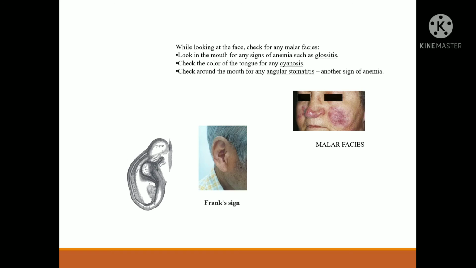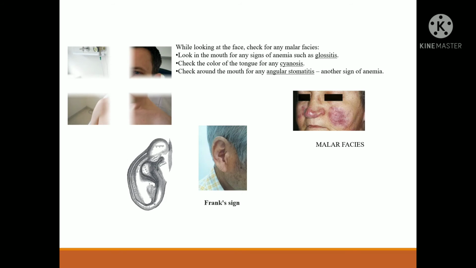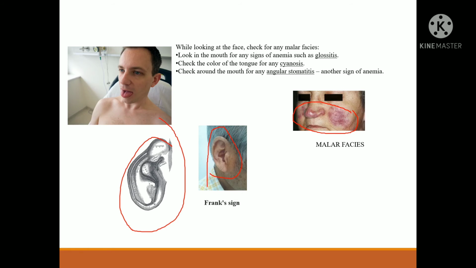While looking at the face, check for any malar flush. This is a plum reddish discoloration over the upper cheeks, which is indicative of mitral stenosis. Also look for Frank's sign, which is a diagonal crease over the earlobe. This is the normal earlobe, and this is how it is seen in case of Frank's sign.